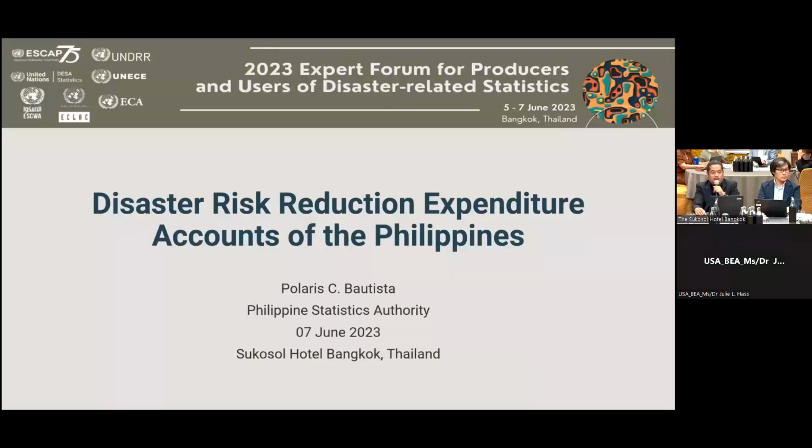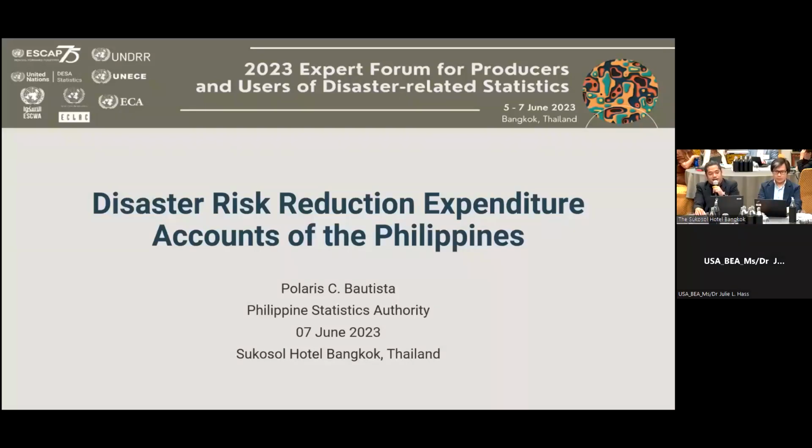So the Philippines is working to improve its disaster risk management. The government has developed a national disaster risk reduction management plan, which outlines a comprehensive approach to disaster preparedness, mitigation, and response. The Philippines is also one of the first countries in the world to develop a disaster risk reduction expenditure account.